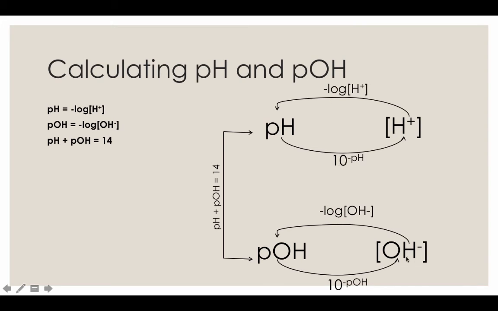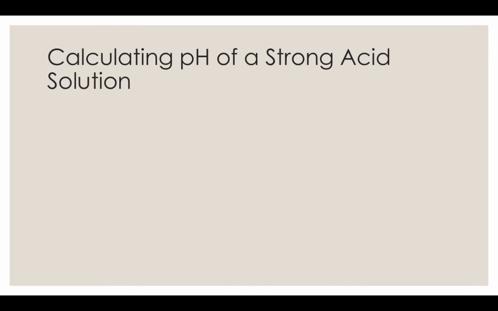This same relationship holds true for pOH. pOH can be found by taking the negative log of the OH- concentration, and OH- concentration can be found by taking 10 to the negative pOH. We can get between pH and pOH by simply subtracting from 14, since the pOH and the pH must always add up to 14 for the same solution.